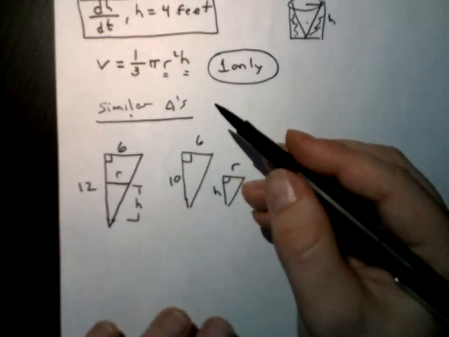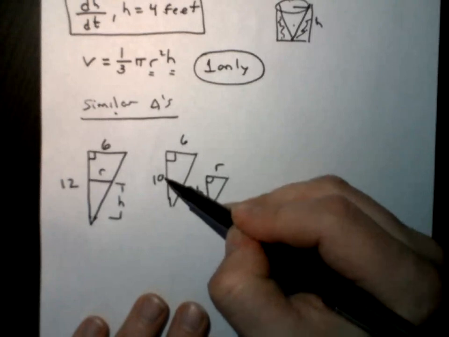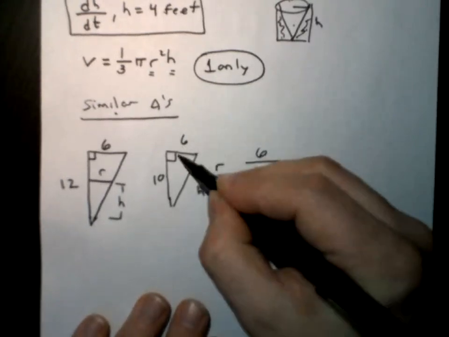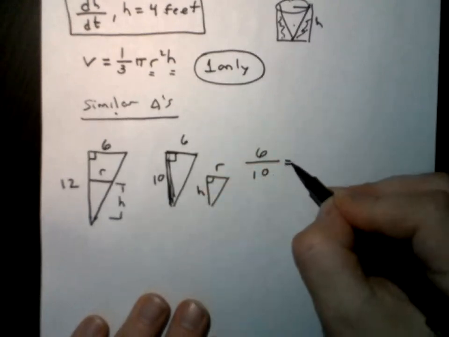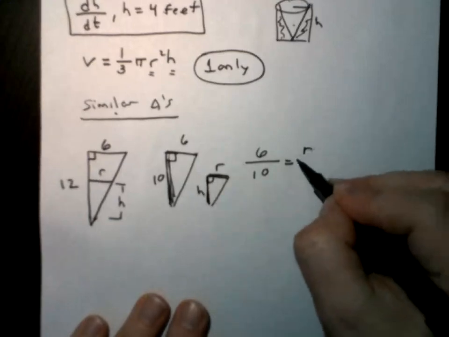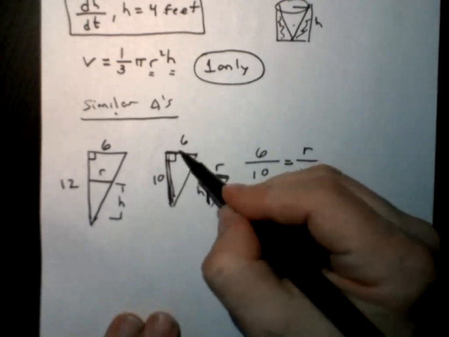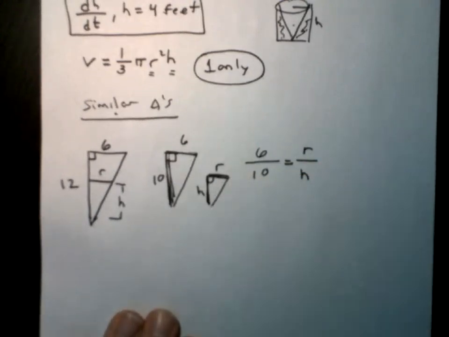So as a proportion, we're going to go 6 is to 10, because this side is to this side, as this side is to that side. If I start here and go to here, I need to go here to here.